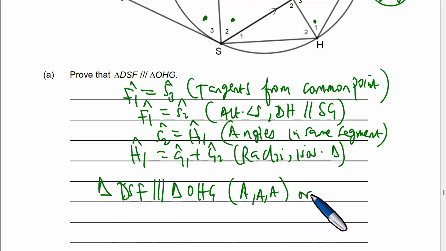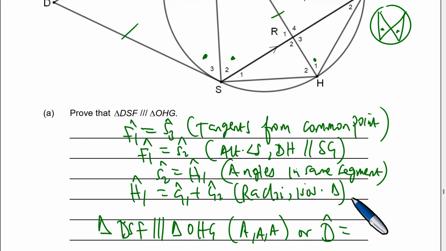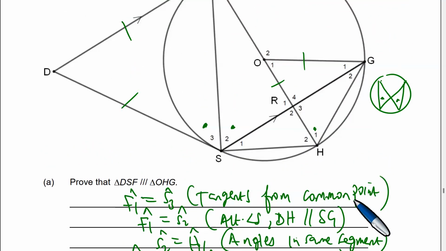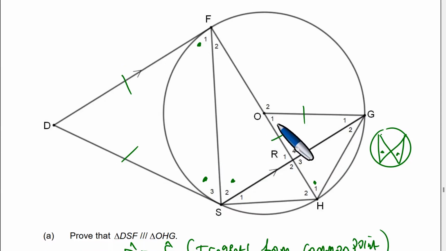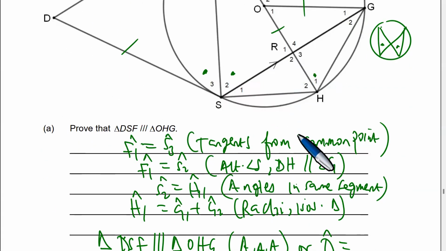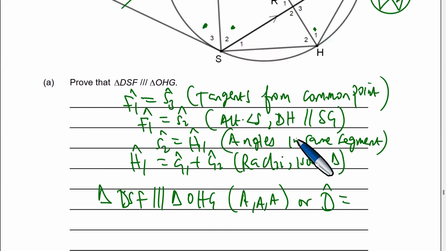Or you could comment that angle D is equal to angle O1, and angle D equals angle A1, which means you have equal angles in a triangle.